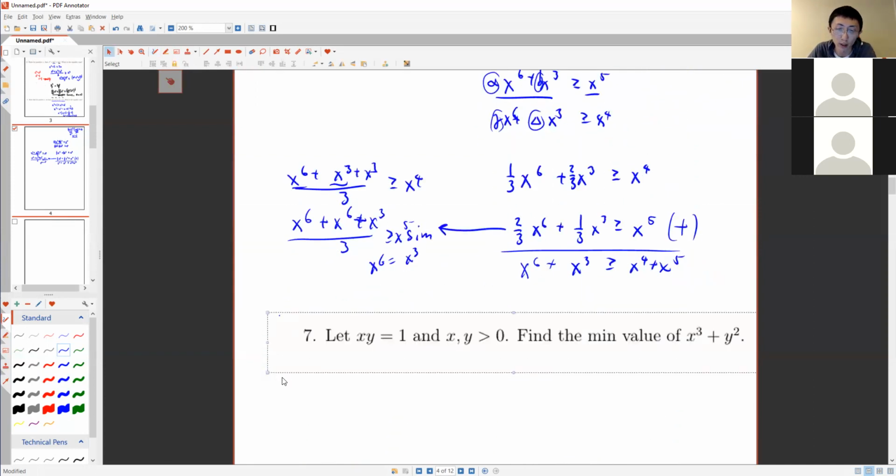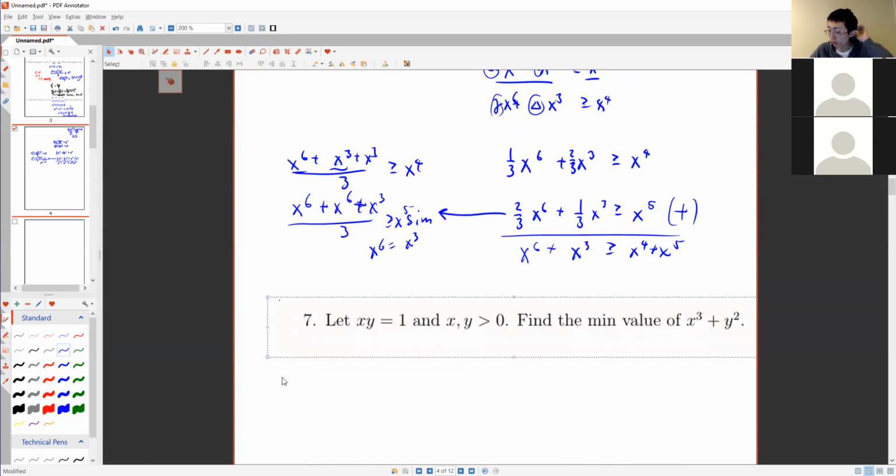Let's say we're told a product and we want to find the min value of some uneven sum. So the idea is, can I make this the product side of a weighted AM-GM, where the sum side looks something like this? Maybe this is not possible, but we'll see.